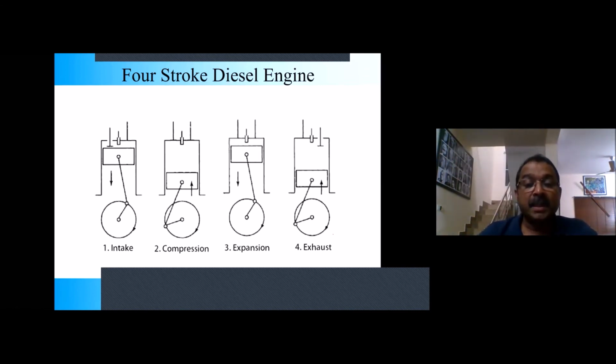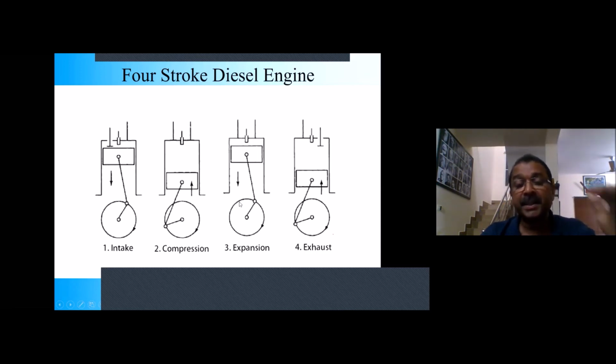So is the compression ratio. After the compression, there is a compression ratio. So compression ratio is the expanded volume, this volume to this volume. This is the compression ratio.